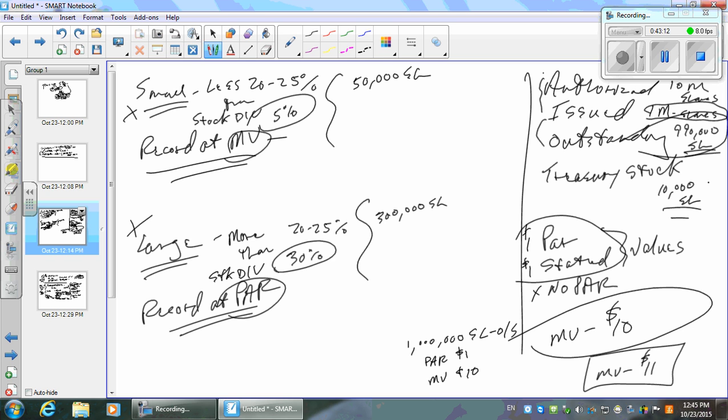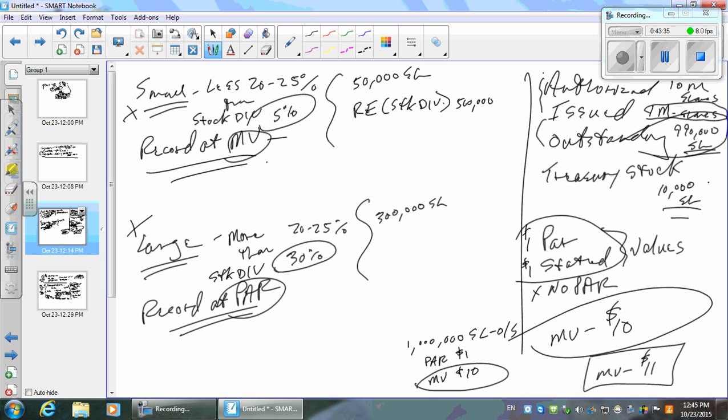I'm going to record it at market value if it's small. So what am I going to debit, retained earnings or stock dividend, for? How much? 50,000 times what? The market value of 10. That's 500 grand. You got it.